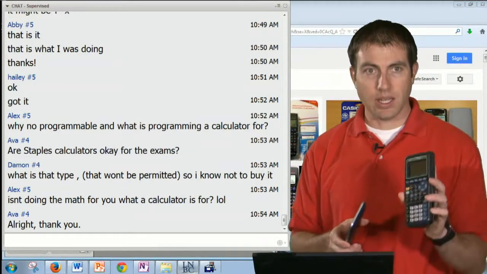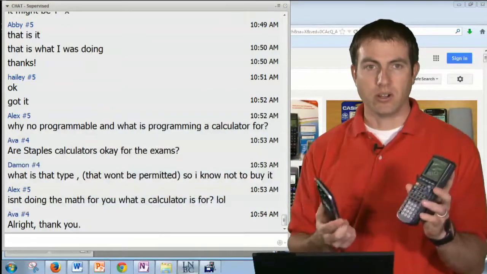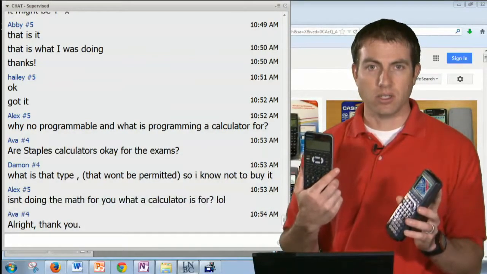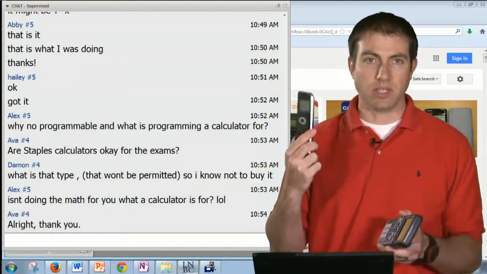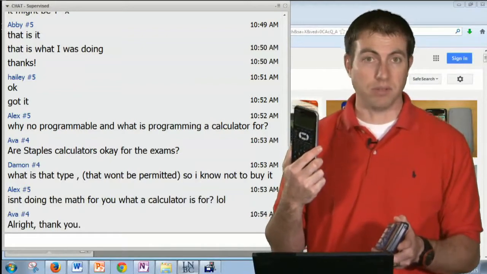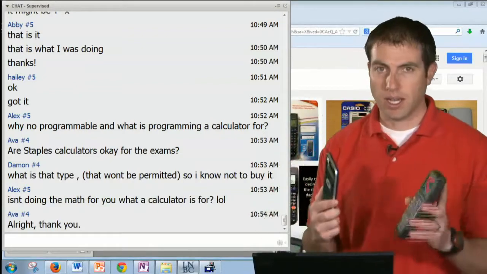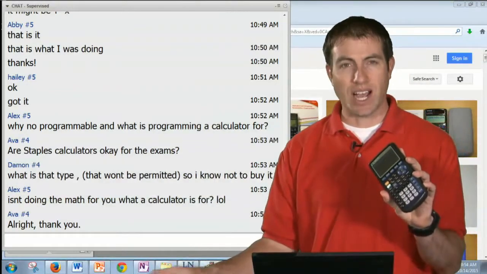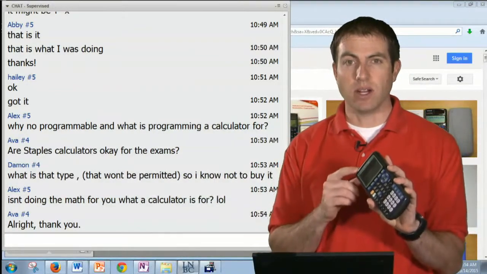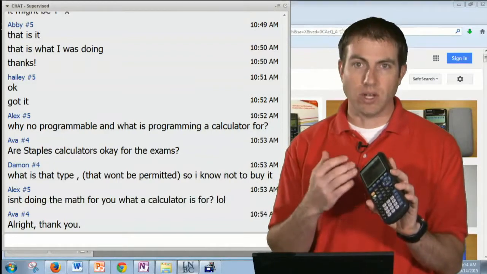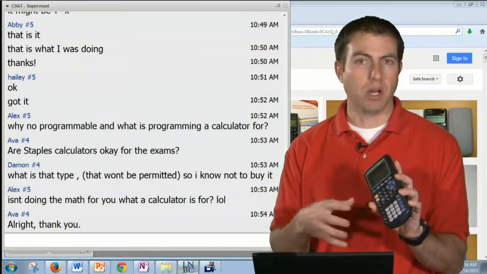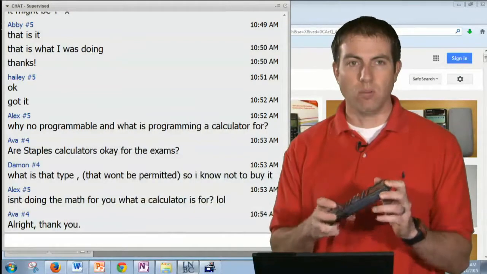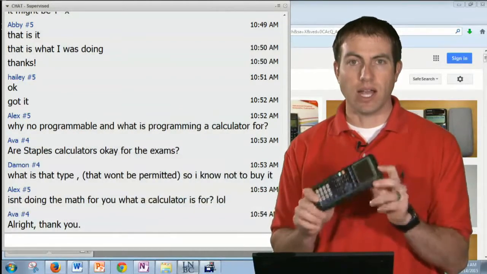Damon, if you're buying a calculator, if it's less than like $30, I mean, you can get a scientific calculator for like less than $5 if you find a good deal on one. The TI-83s, the programmable ones, the big guy here, these are graphing calculators, and they're usually about $80 to $100 depending on the model you buy. So don't buy a big graphing calculator.